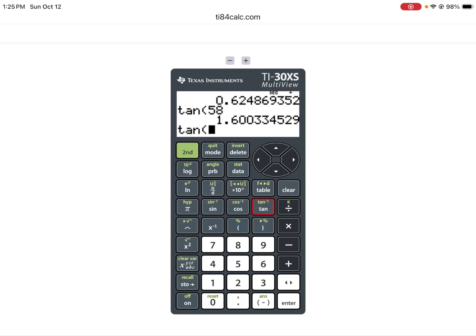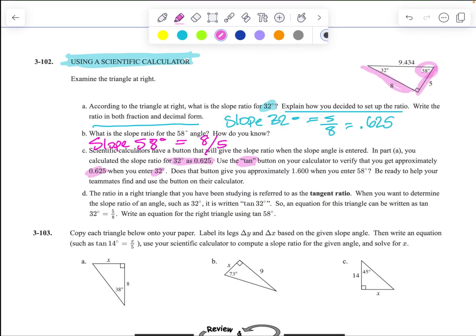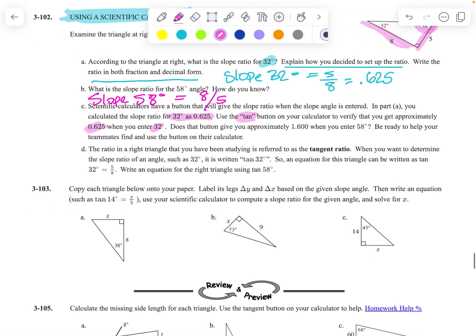Let me go back to the paper. Okay, so we did that. The ratio that you've been studying in a right triangle is referred to as the tangent ratio. When you want to determine the slope ratio of an angle, such as 32, it is written tan 32 degrees. So an equation for this triangle can be written as tangent of 32 equals 5/8.